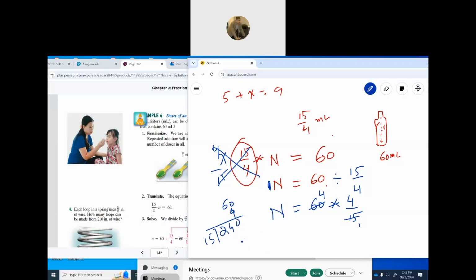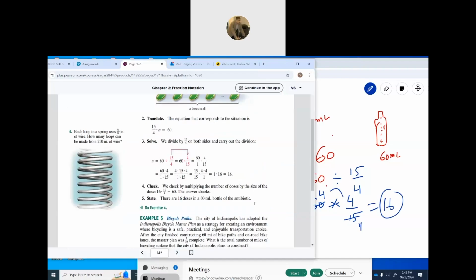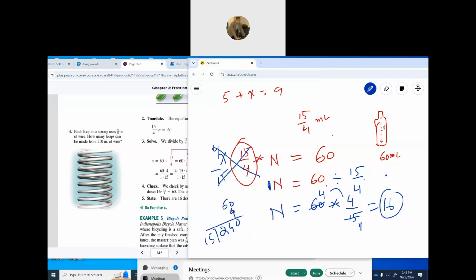You could do the long division. Here we are dealing with a larger number, but when you cancel, we are dealing with very small numbers. So 1 here, 4 here, 4 times 4 is 16. So 16 doses. Let's check our answer. See, 16 doses.